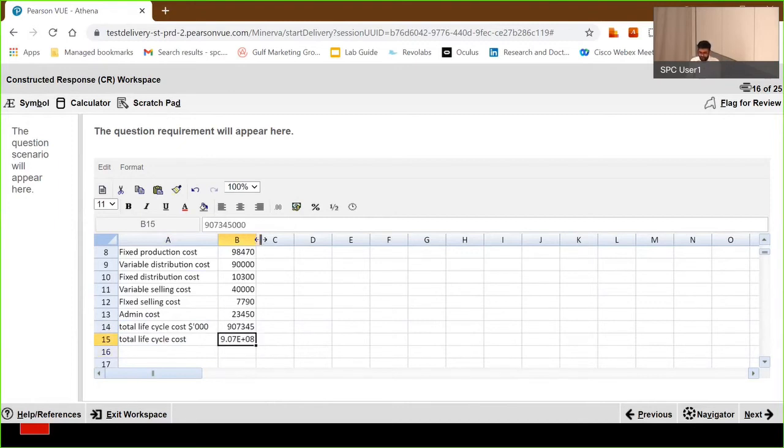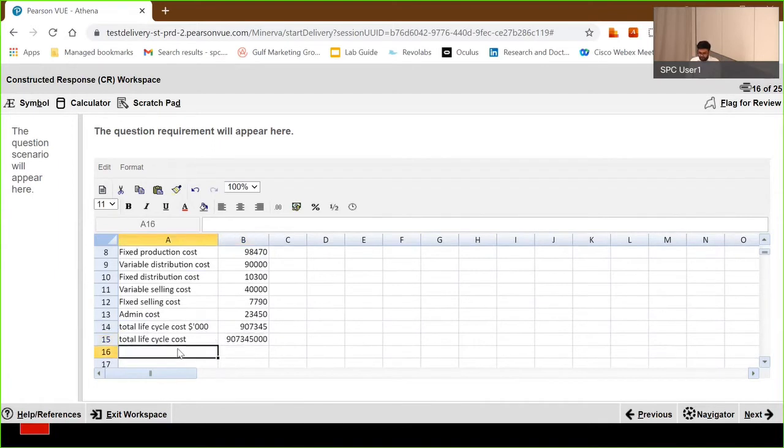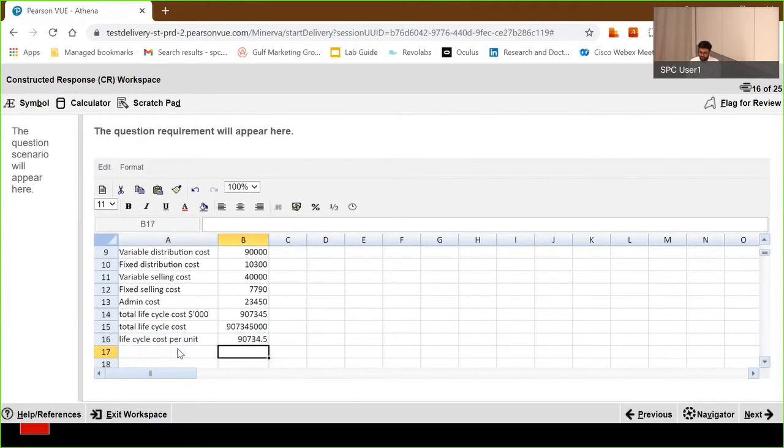Once done, now you need cost per unit. So divide it by the number of units. We already read in the question, these are 10,000 units which the company intends to sell across its life cycle.